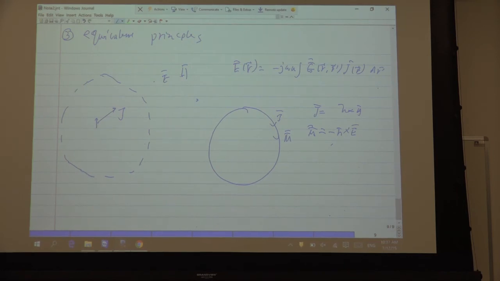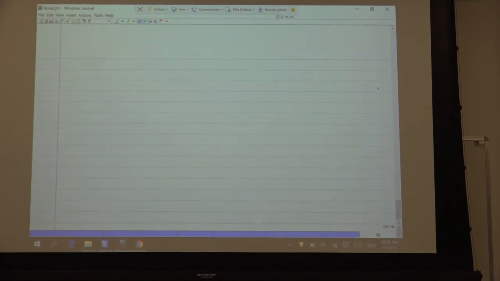The E field is J times the Green function, minus j omega mu G(r, r'), plus M dot curl of G, the magnetic part. If we know J and M, we know the E field and H field outside this circle.